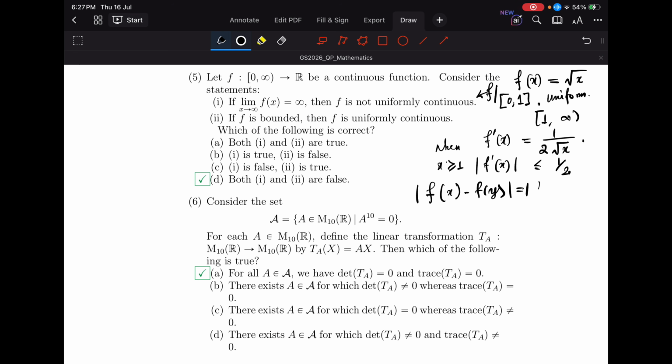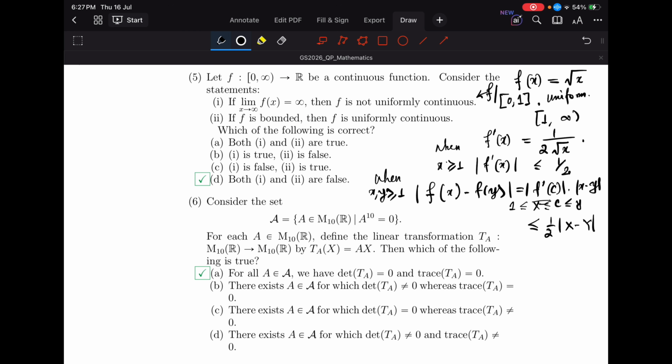this is equal to some f prime of c times x minus y, and so when x, y are greater than or equal to 1, we can find a c inside y and x, and then f prime of c is less than or equal to half. So mod of f x minus f y is less than or equal to half of mod x minus y.